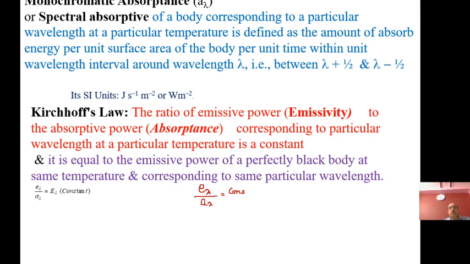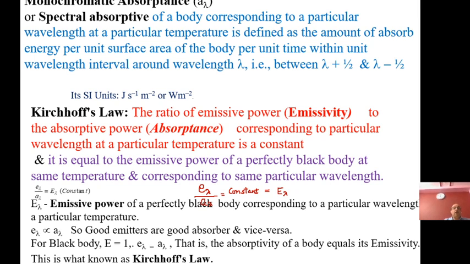This law is called Kirchhoff's law of radiation, and this is represented by capital E lambda. The capital E lambda is called emissive power for a perfectly black body for a particular wavelength at a particular temperature.